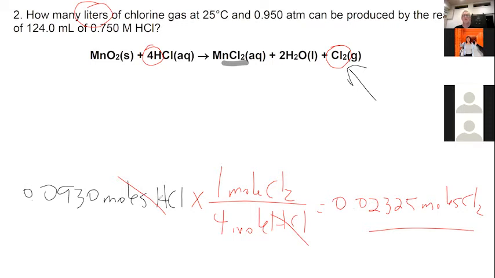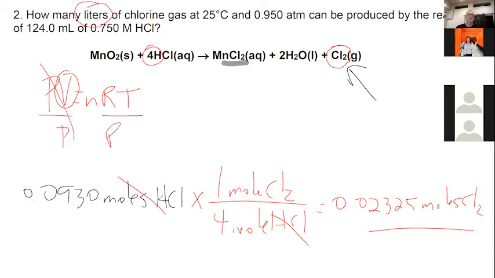So what kind of law would we use for gas? The ideal gas law, PV = nRT. Our good friend. And we want to solve for volume, right? So we divide each side by pressure.